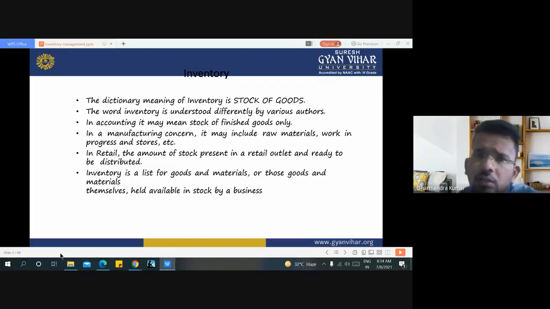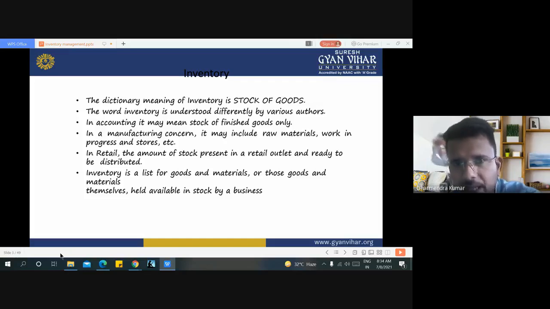But overall, inventory is known as a storing or a stock of goods. In a manufacturing concern, it may include raw material, work in progress, and finished good stores. In retail, it is the amount of stock present in a retail outlet and ready to be distributed.